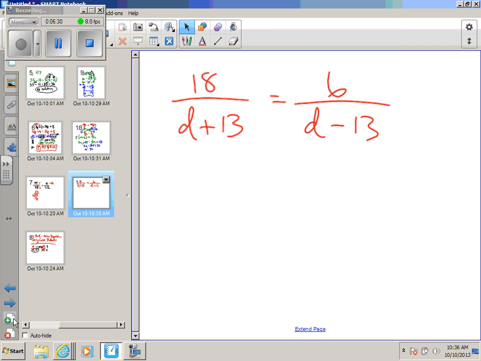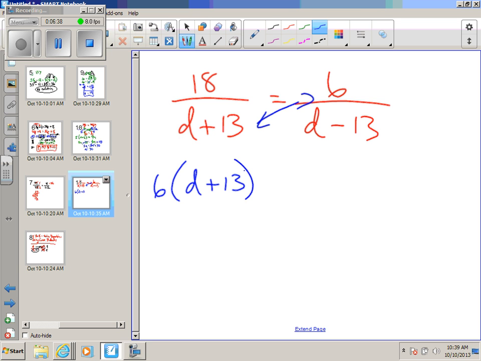Try it. Due to time constraints, we're going to get this rolling. So let's do this one first. 6 times d plus 13 is going to be equal to 18 times d minus 13.